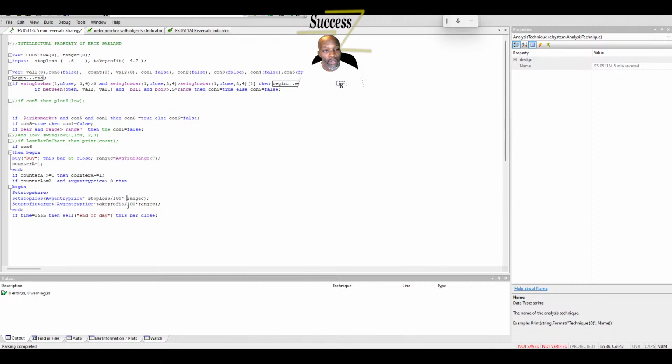So let's try this. Technically we're going to be looking for range C. So stop loss and take profit are going to be variables that we will be looking for, but range C is not a variable.